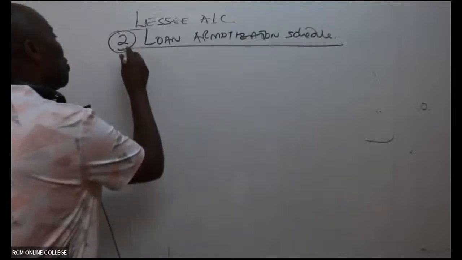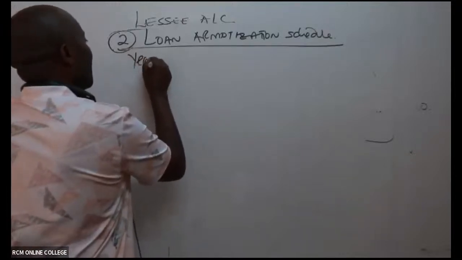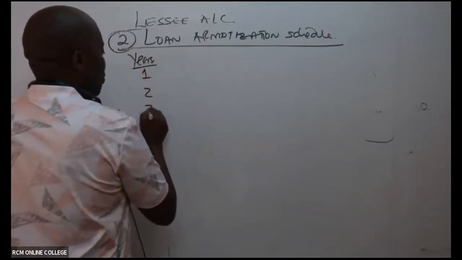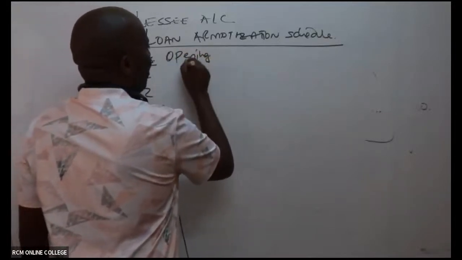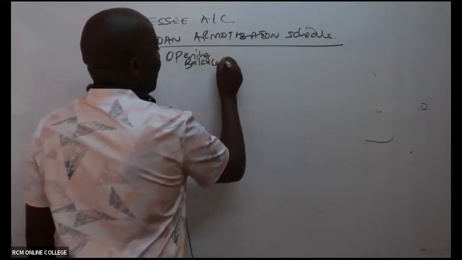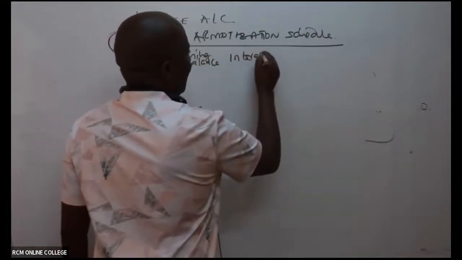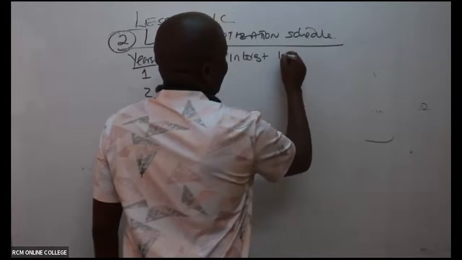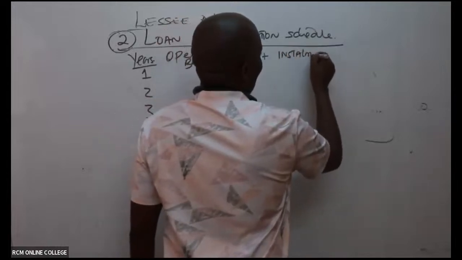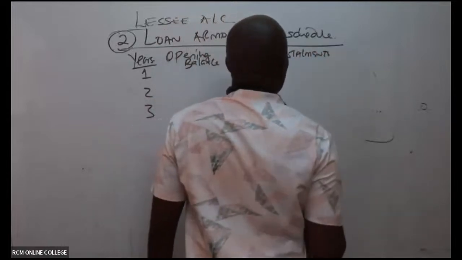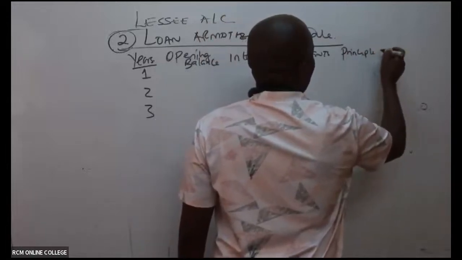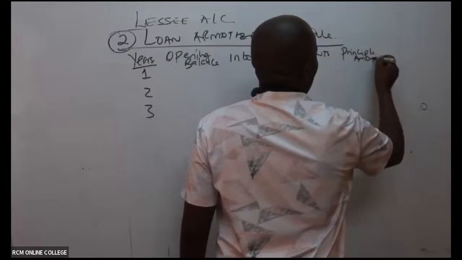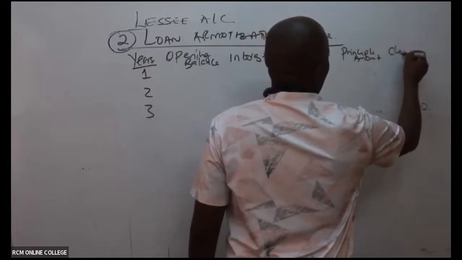Remember here, you're going to have years: 1, 2, 3. You're going to have opening balance, interest, installments, the principal amount paid, and then closing balance.